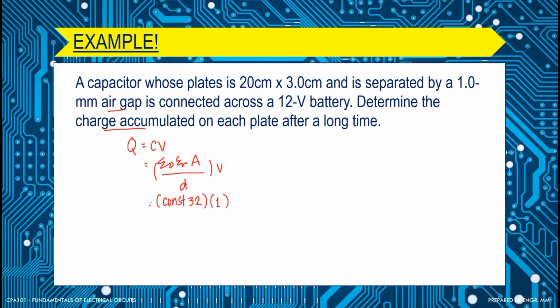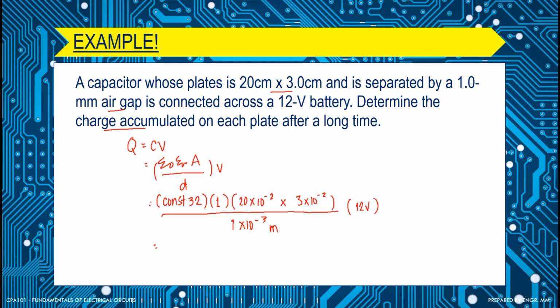Our area, we have 20 cm by 3 cm. cm is times 10 raised to negative 2, so I'll just write it as 20 times 10 raised to negative 2, times 3 times 10 raised to negative 2 for the other cm, so that this is in meter. Then all over D, that is 1 times 10 raised to negative 3 meter, multiplied by 12 volts.